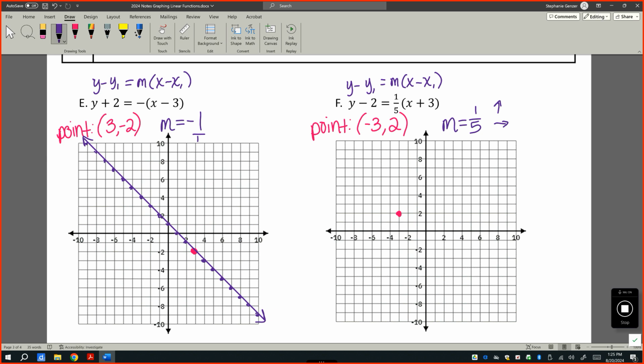So go up 1, right 1, 2, 3, 4, 5. Up 1, 5. Run out of room. Go back to the point that we started at. Go down and left. Down 1. And we can connect.